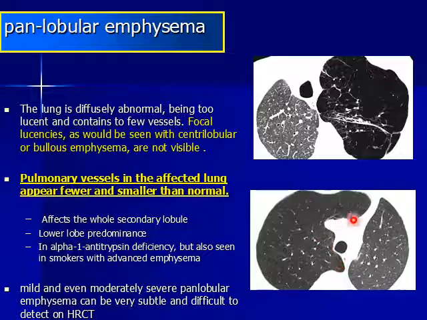The lung enlarges and the vessels become far from each other, and you don't see focal areas of lucency. The whole lung is lucent. This is what is called panlobular emphysema. We can see this in congenital cases as congenital lobar emphysema, and if we have a foreign body obstructing the bronchus, acting as a valve, we can see panlobular emphysema.